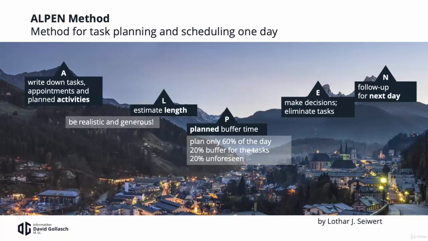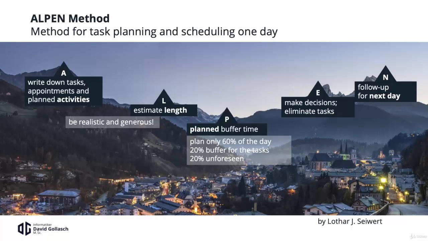Well, and that leads to the E, so to eliminate tasks, because we have to make decisions here. Most of the time, when we take all the tasks that we planned with the duration we estimated, we have more than 60% of the available time of the day to fulfill them.